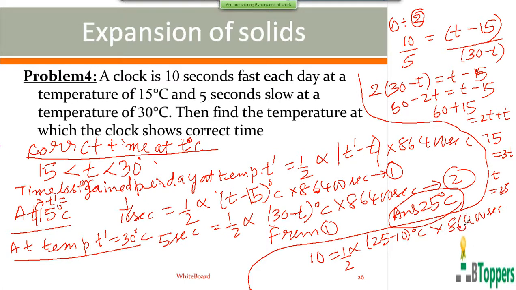But you are not asked that in this question, but in case you are asked the value of alpha, you should be able to find it. So here you get alpha equal to 2 by 10 into 86,400 per degree centigrade.